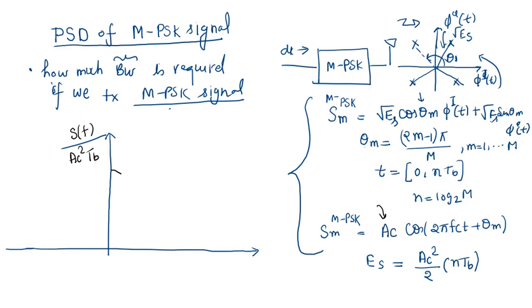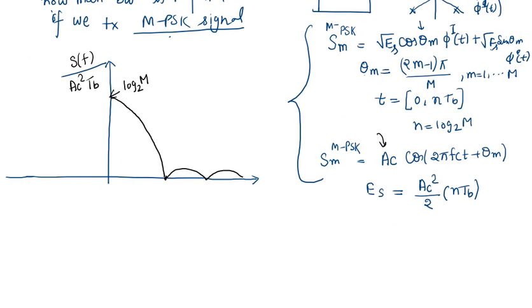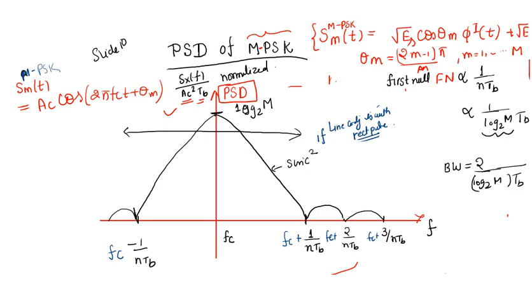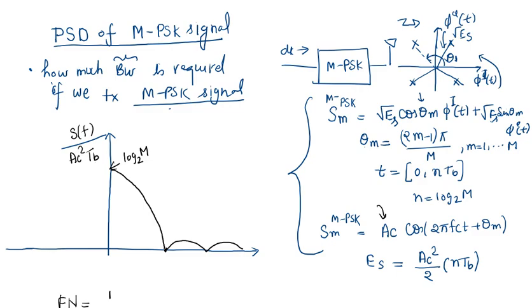So if you do so, this part would be log2 M and the first null will be at 1 upon N Tb.